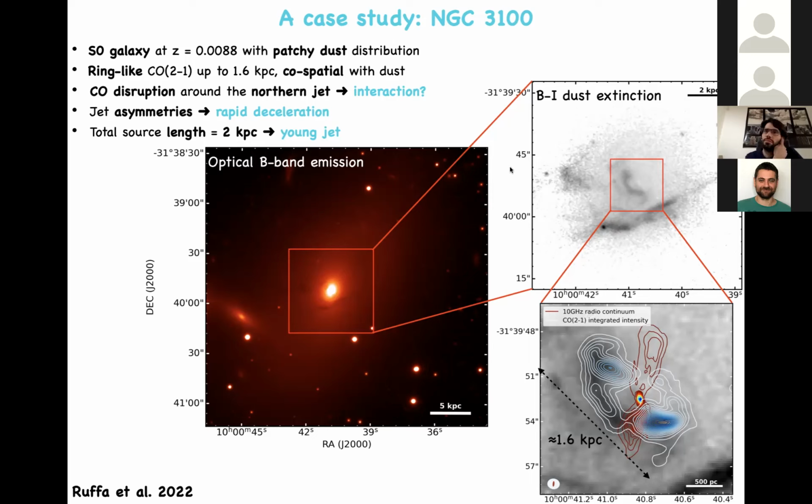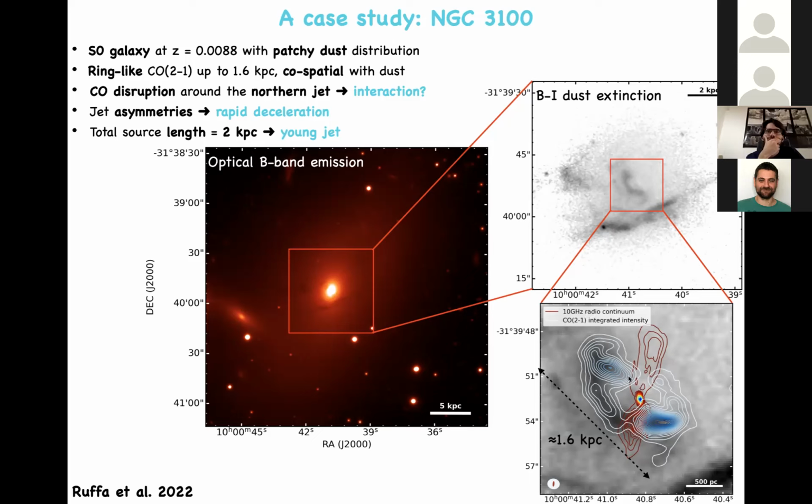Now, from the previous CO 2-1 observations, what we observe in 3100 is this well-resolved CO 2-1 ring-like structure extending up to 1.6 kiloparsec along the major axis and nicely cospatial with the central dust distribution.